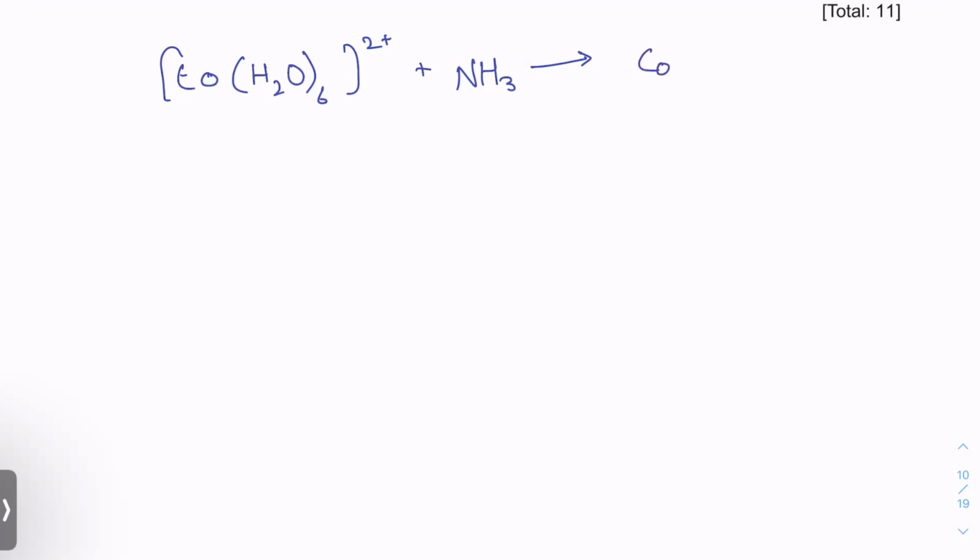So you will get cobalt with 4 ammonia, and there will be 2 water left over. And that is all neutral, plus 4 water molecules that are pushed out.